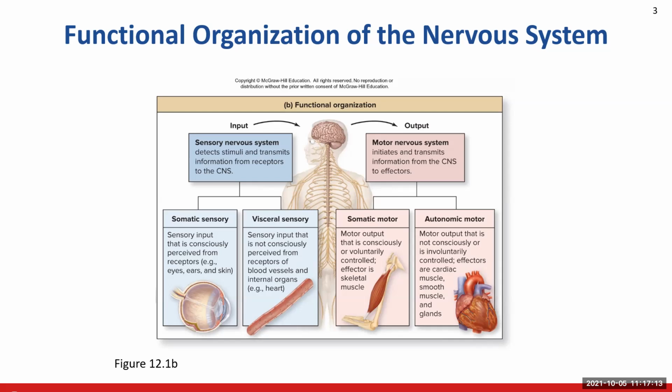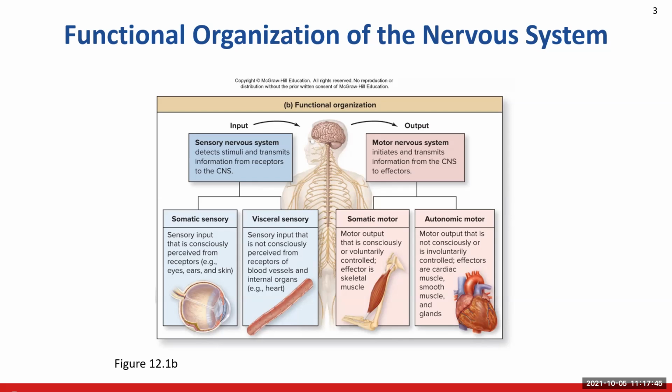Now, the other part of the functional organization of the nervous system is the motor nervous system. The output, the motor output. So we break that down into 2 parts. We have our somatic motor. And to remind you, the motor nervous system is going to take the commands, the responses from the sensory nervous system and transmit it out to the effector organs.